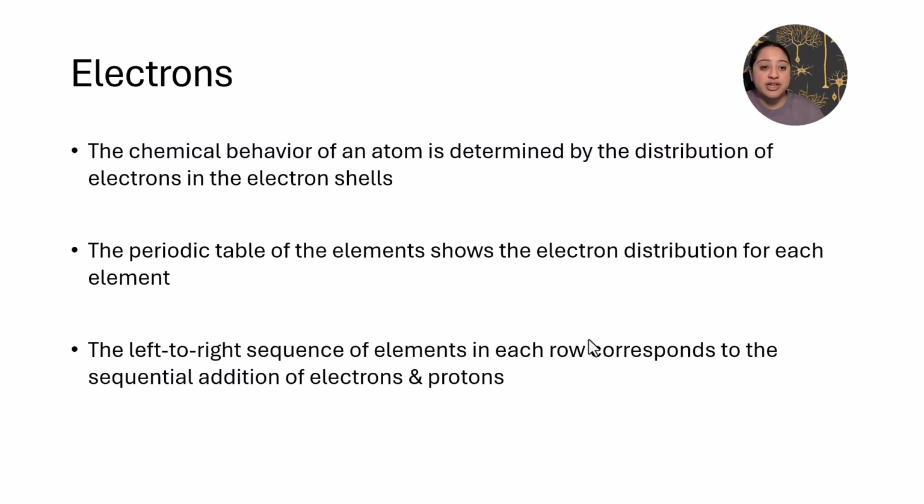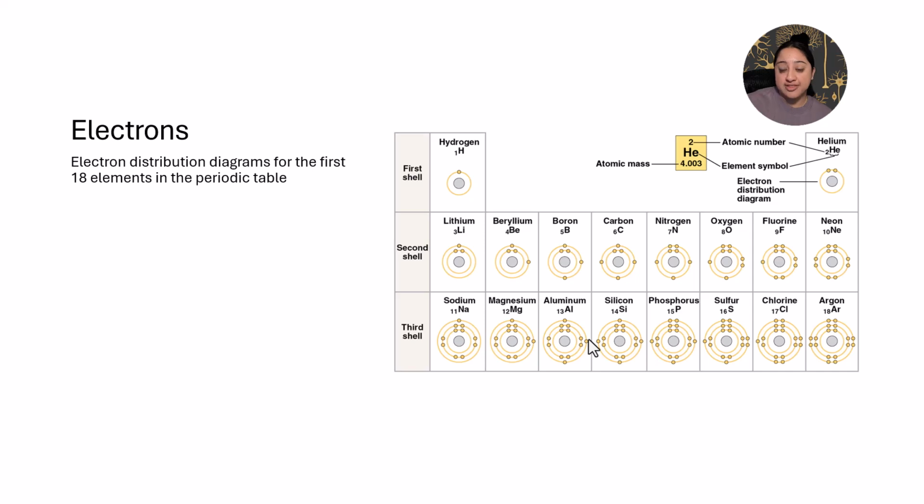The periodic table of elements is a way that we organize information to inherently show how much reactivity there is based on these electrons. So the periodic table shows the electron distribution for each element, even if it doesn't show you in the same way that this one literally shows you. It's implied. That's how it's organized.